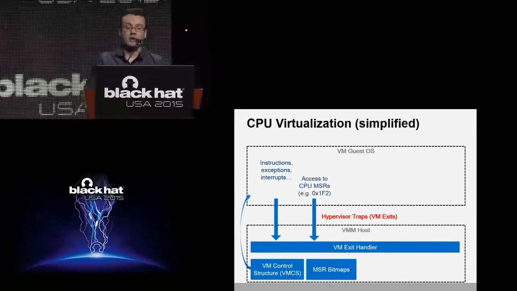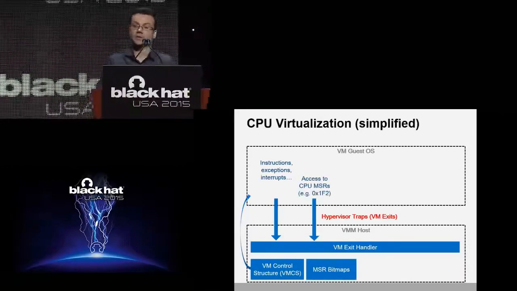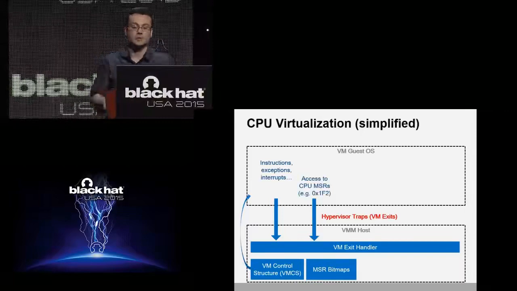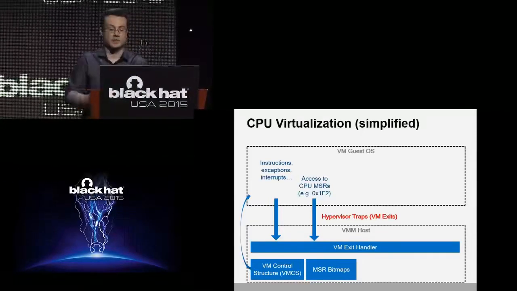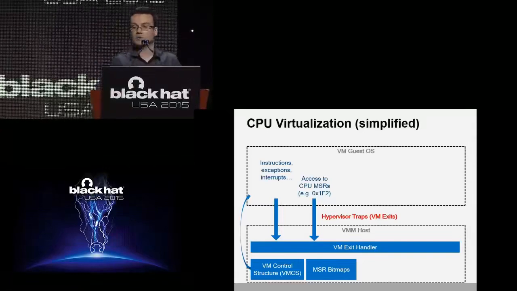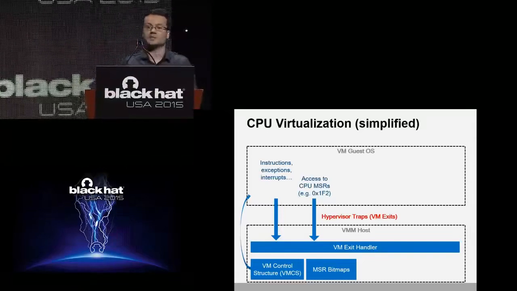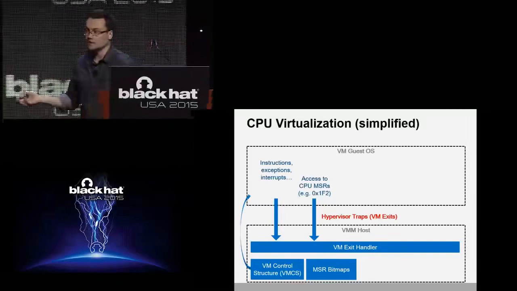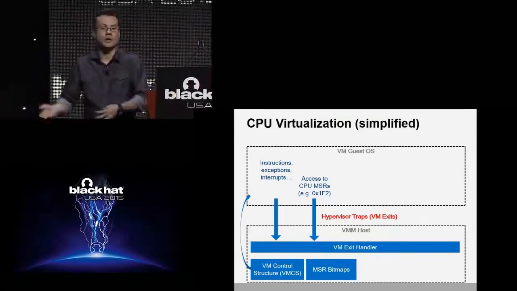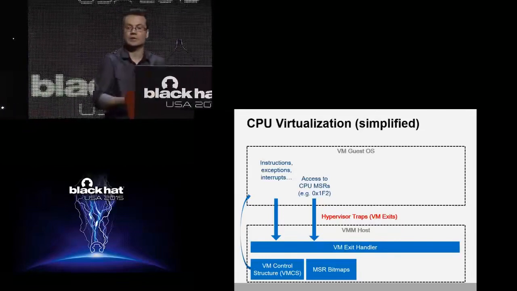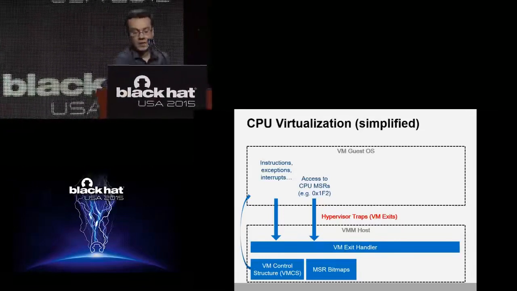The VM exits can occur when the guest tries to access specific registers in the CPU, like those MSRs, right? The hypervisor uses those MSR bitmaps that basically either tell that the guest can directly access the registers, or tell the hardware that it needs to trap into the hypervisor.